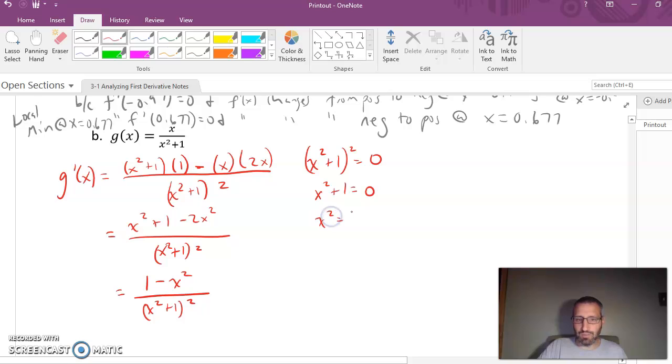And if I subtract 1, x squared equaling negative 1, that'll never happen, right? We can imagine how that could happen, but we'll save that for another day. All right, the other one is 1 minus x squared equals 0, the numerator. If we add x squared over to the right hand side and then take the square root, I think we get critical values of plus or minus 1.